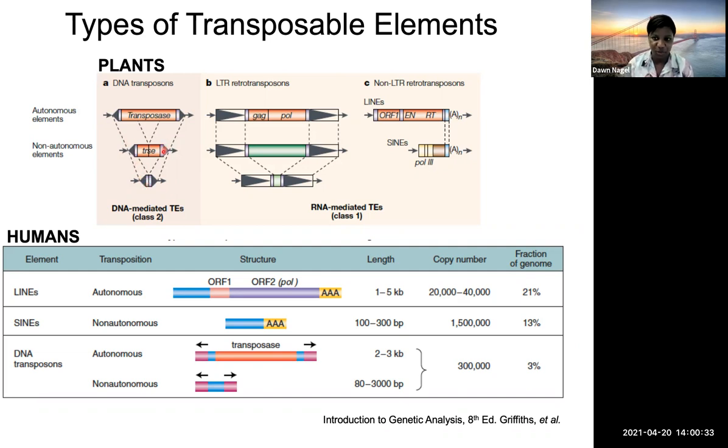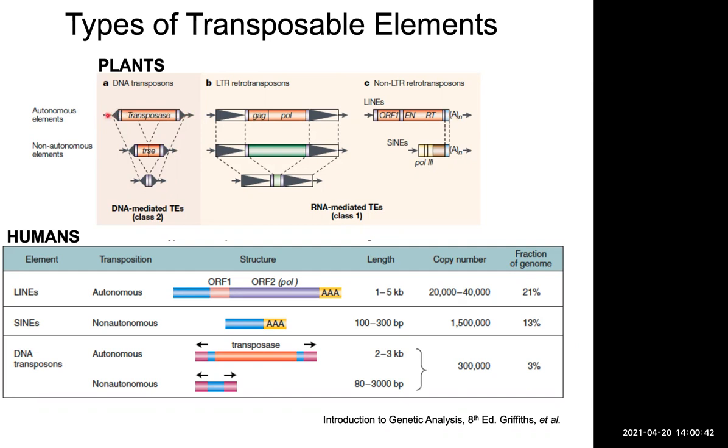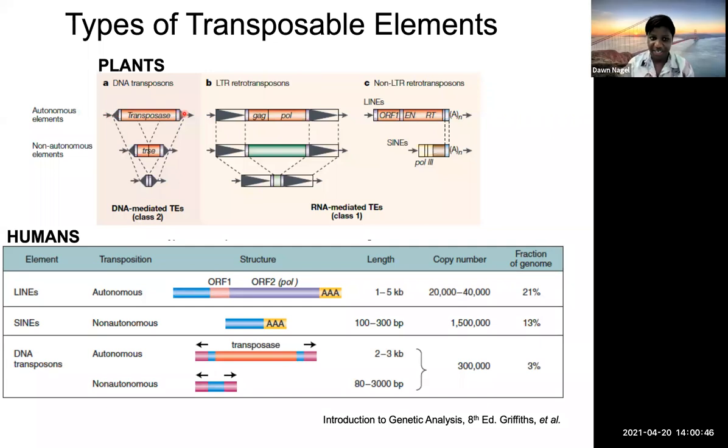That's part of the transposon. And then you see the arrows pointing in the same direction. Those are the direct repeats. These direct repeats get created when a transposon inserts. Inverted repeats are already part of the transposon.